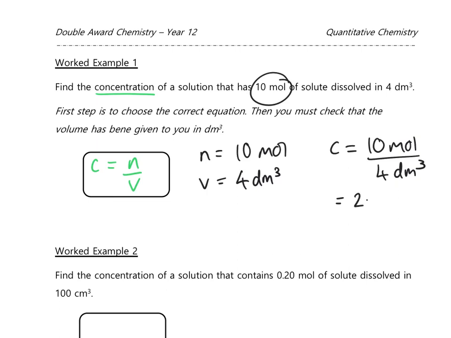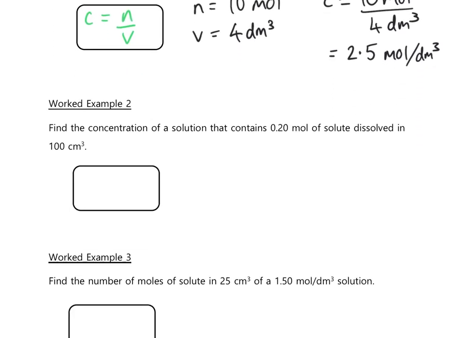It is 2.5, and then your units of concentration are moles per decimeter cubed. It literally means in that solution you have 2.5 moles dissolved in every 1 decimeter cubed, which is the same as 2.5 moles in a litre. Next example incorporates that idea of us having to convert units.